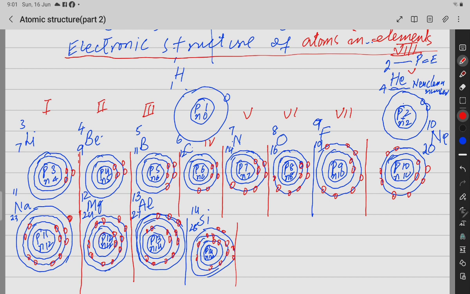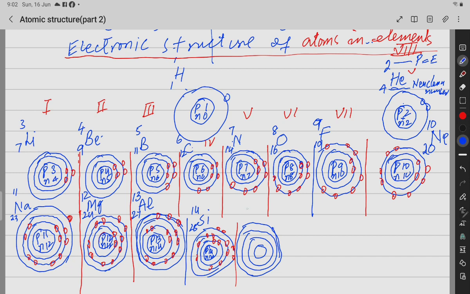Next element is the phosphorus, present in group 5. First shell, and this is proton.